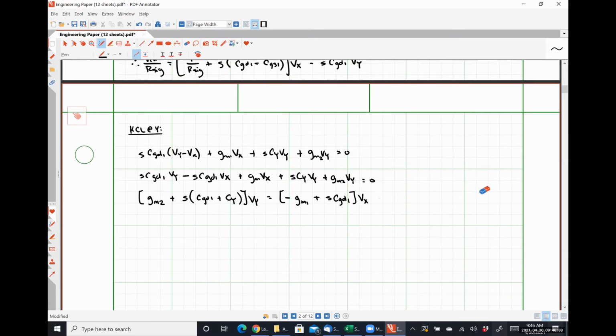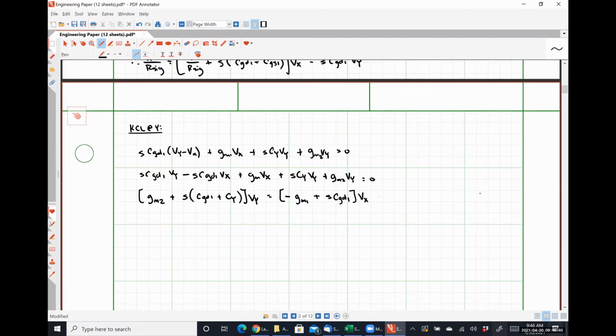And from that, I can rewrite this as Vx is equal to (GM2 plus S(CGD1 plus CY)) all divided by (negative GM1 plus S CGD1) times Vy.